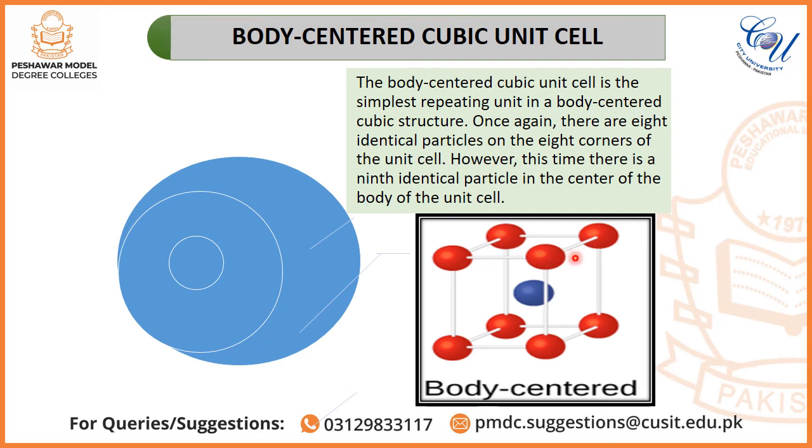However, this time there is a 9th identical particle in the center of the body of the unit cell. Or we can also say that in the body-centered cubic lattice, each unit cell has one point at the center of the cube in addition to the points at the corners. Here is this point which is present in the corner.